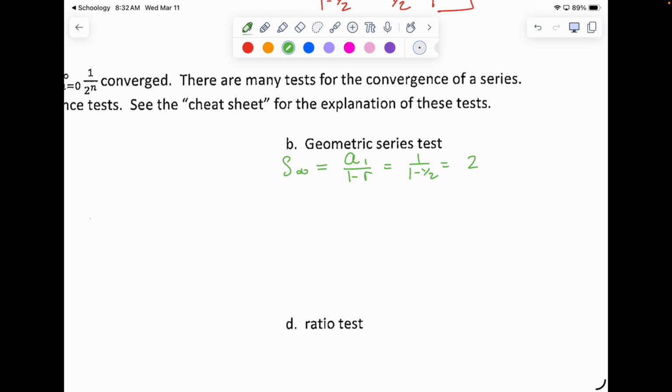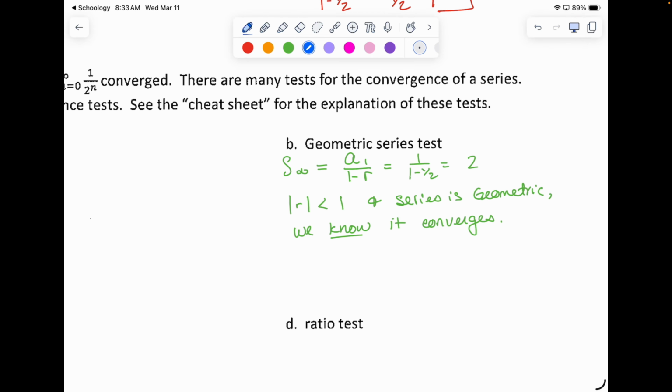As long as the common ratio has an absolute value that is less than 1 and the series is geometric, we know it converges. So at the end of the day, I think that's the test that I used to say that it converged, right?